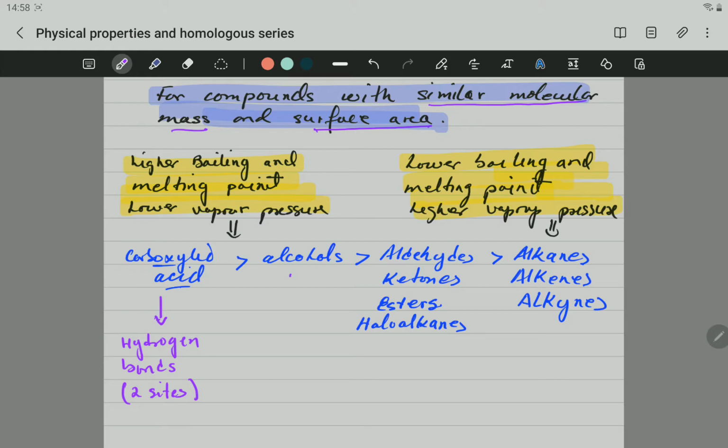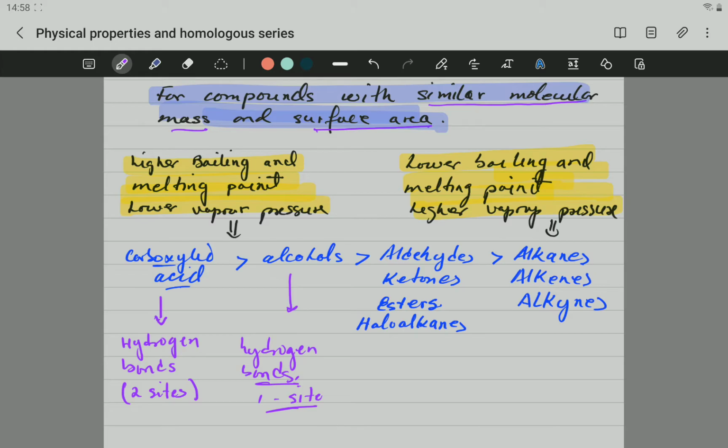Second is alcohol. Now alcohol also has hydrogen bonds, but only one side. So the strongest one is carboxylic acid, followed by alcohols.